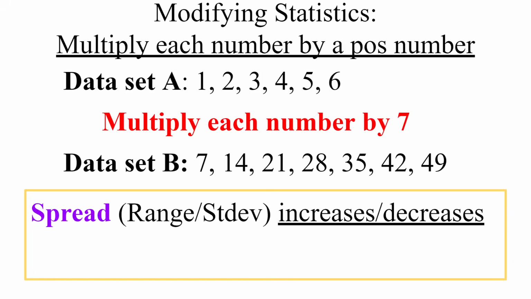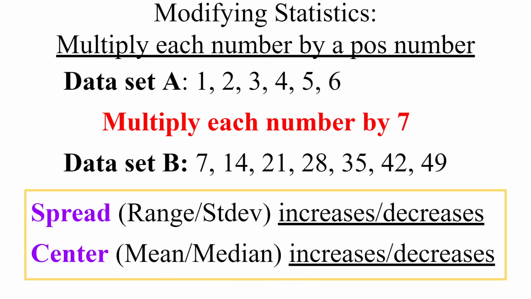So the spread would increase, and the center, the mean and median, would increase as well. They would decrease if, say, you multiplied by a fraction. So like, let's say you took all the numbers in data set A and multiplied them by 1/2.